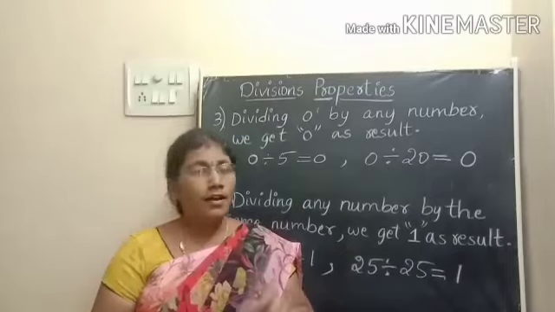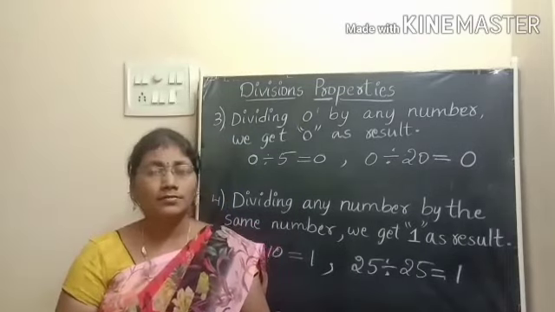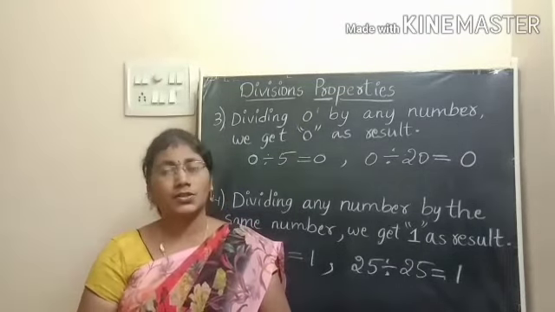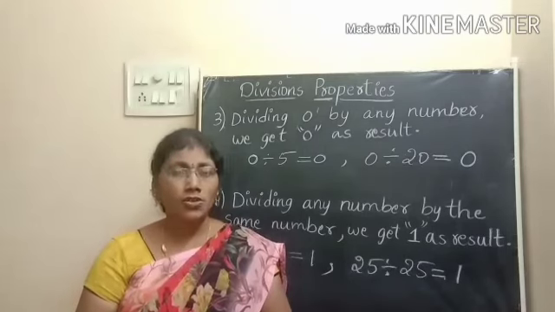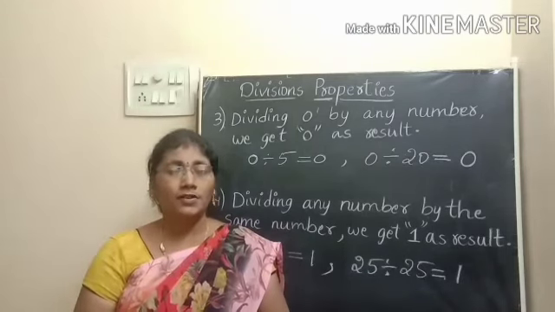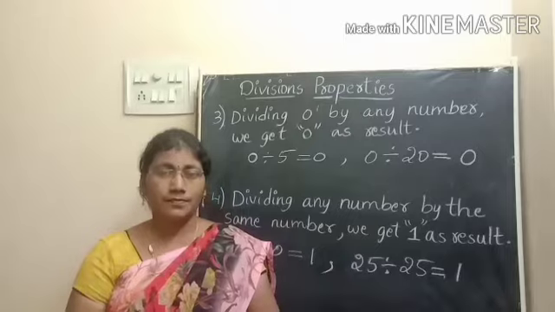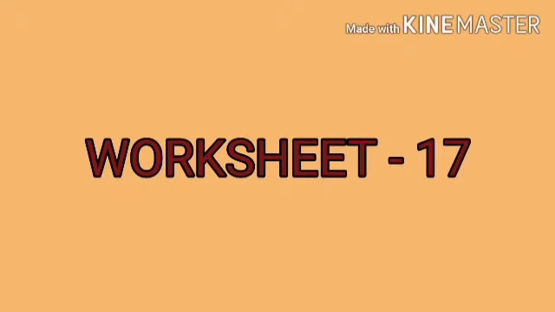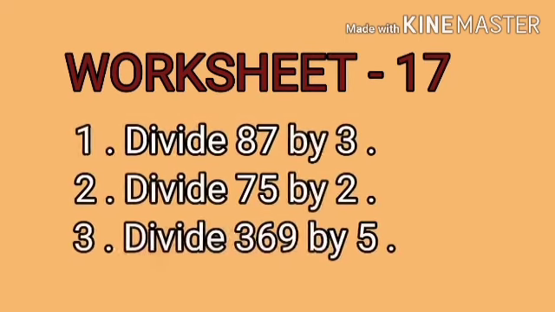Children, have you understood this topic? I hope you understood. Based on this topic, I am going to give one worksheet. Let us see the worksheet. Here, I gave only 3 questions.